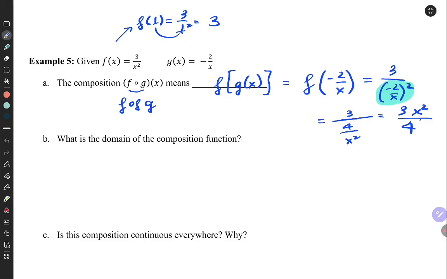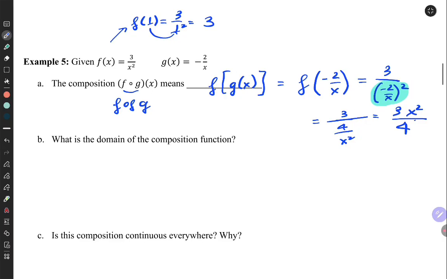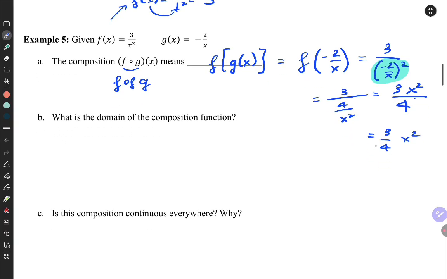So you have that, basically. Even better, if you write it out it may confuse you. You think that is a rational function, but 4 is a constant. So 3 over 4 times x squared. In other words, it's like that. That's basically a parabola. What is the domain of the composite function? Domain of this, which is the domain of that.